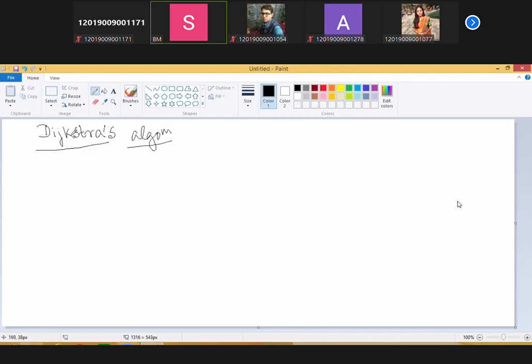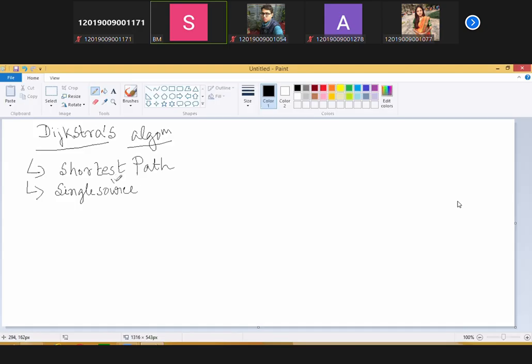So Dijkstra algorithm, why is it used? It is one shortest path algorithm. Next point is, it is a single source shortest path.